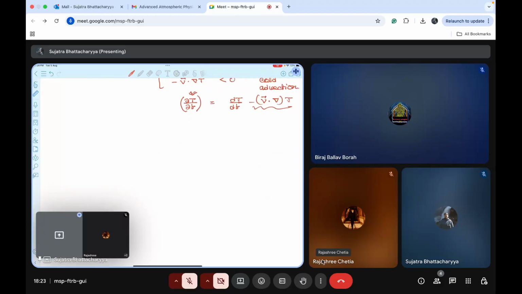Okay, now if this is the condition, can we rewrite the momentum equations further? So let us rewrite the momentum equation. It will be a good revision. Momentum equations, let's write one by one. Three coordinates are there. In the x direction, the momentum equation was du dt, where u is the zonal velocity, right?